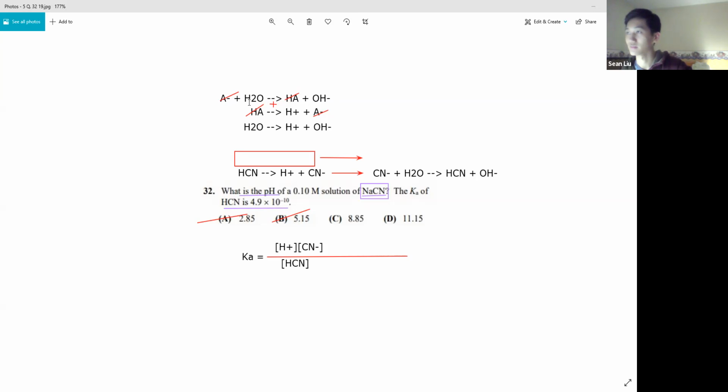All right. So now what we're going to do is express Kb, Kb just being the equilibrium expression for a base. I'm going to write that down. Kb equals something. And this is still an equilibrium expression, so that means we can still express this as products over reactants.